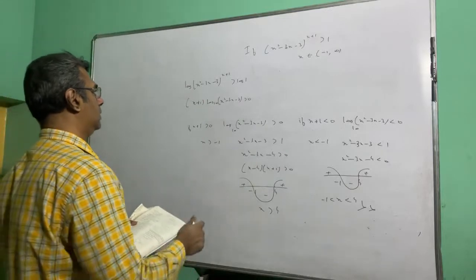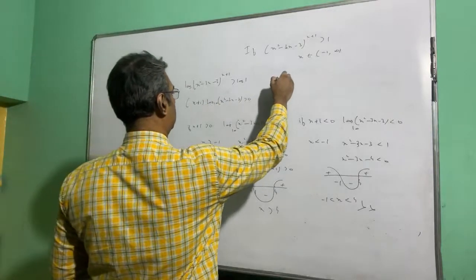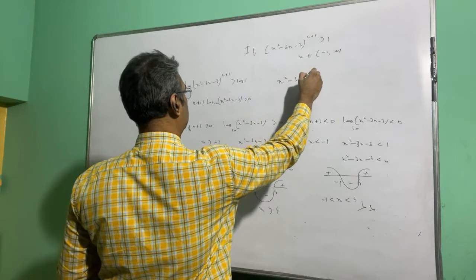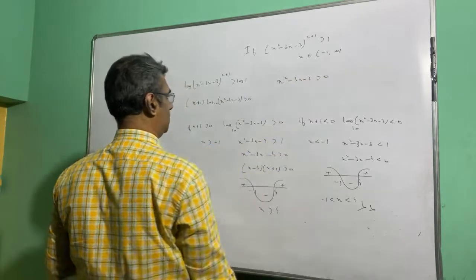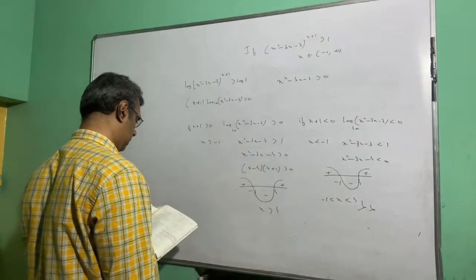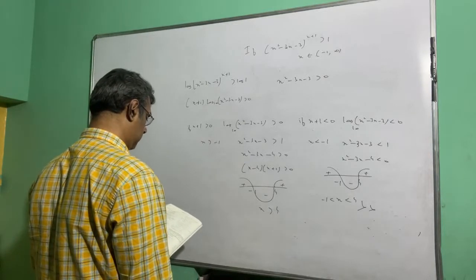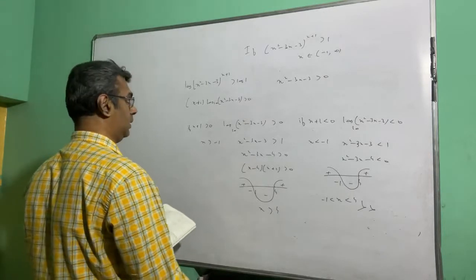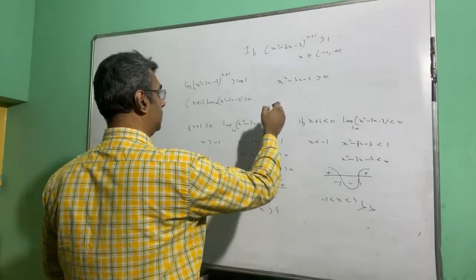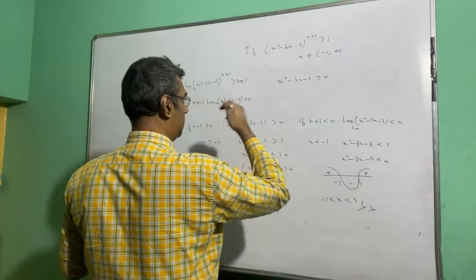Finally, for doing this sum, I took log, and you know that log of a number is only possible if the number is positive. So x square minus 3x minus 3 is positive.